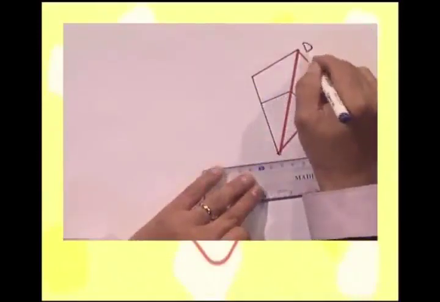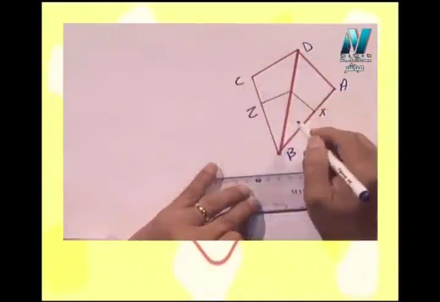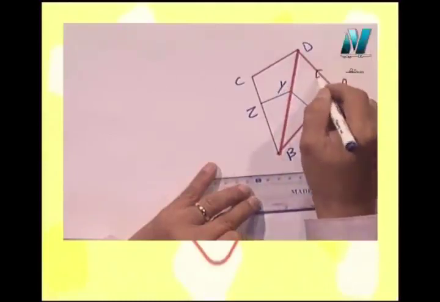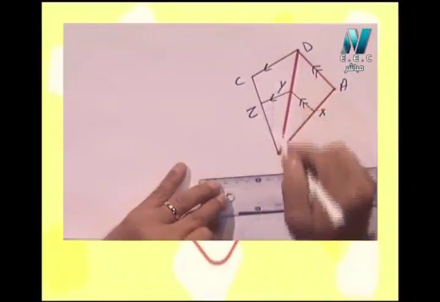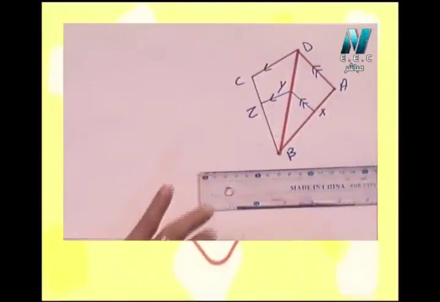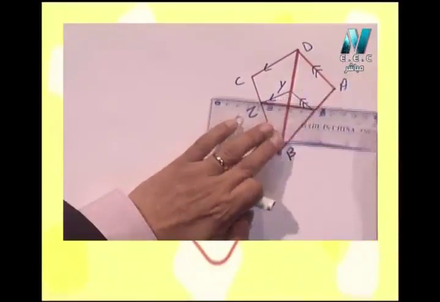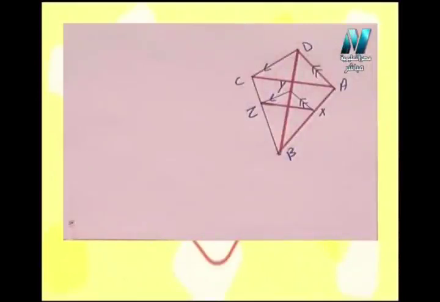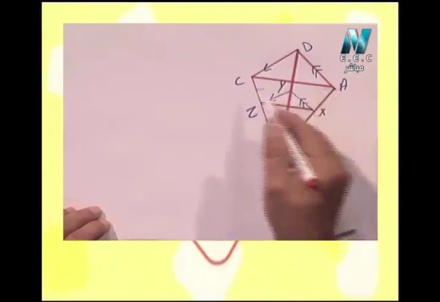This is D, A, X here, B, Z, and C, and this is Y. We have agreed that AD is parallel to XY and CD is parallel to ZY, and we are required to prove that XZ is parallel to AC.